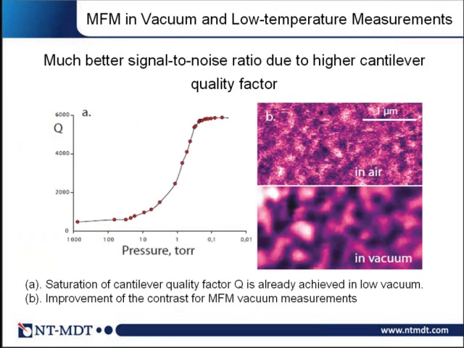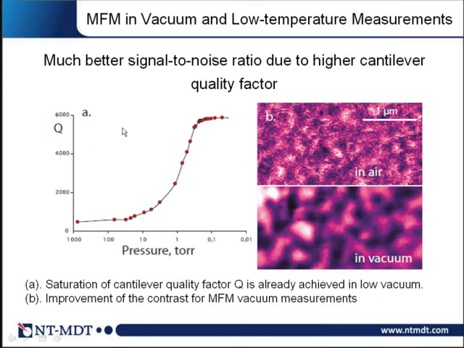From the technical point of view, it is also rather important to have high quality of the cantilever you use as a probe. Since the quality of the cantilever is determined by the ratio of losses and energy pumped by the generator to the cantilever, it is always good to reduce the losses. An obvious way to reduce losses of your cantilever is to reduce viscous losses due to air.